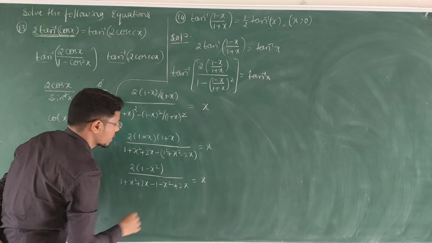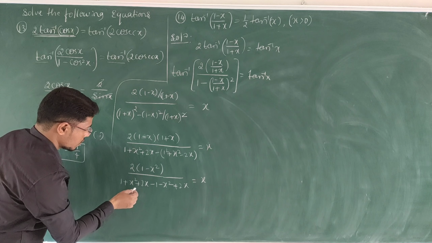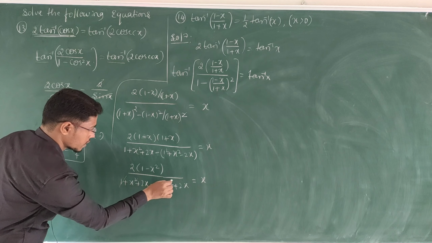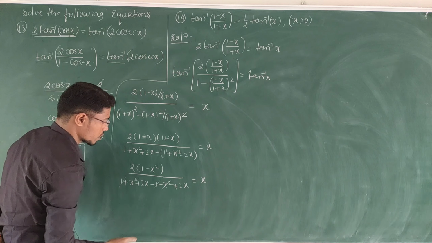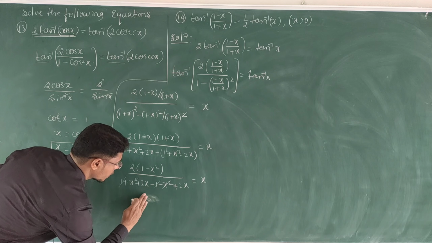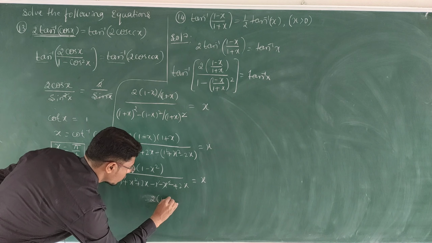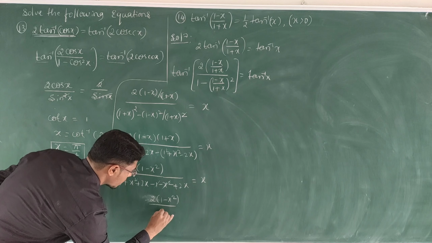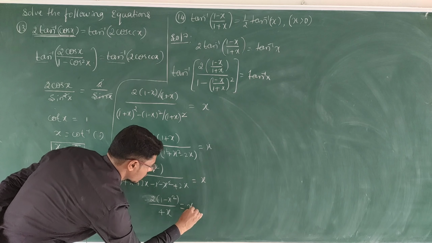So 1 cancels, x square cancels, remaining 2x plus 2x is 4x. So 1 minus x square divided by 4x is equal to x.